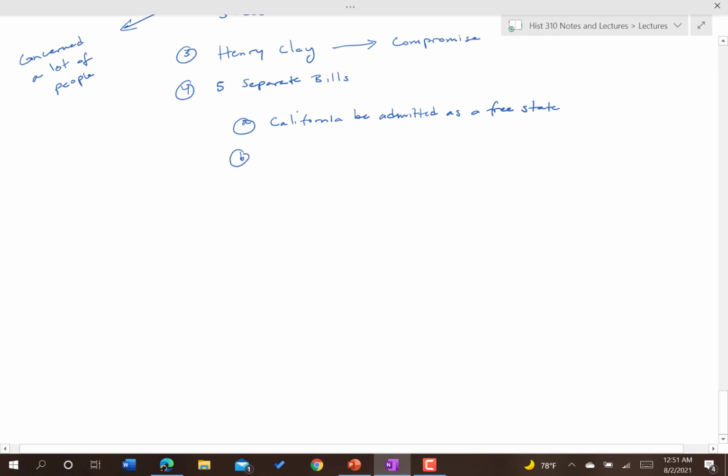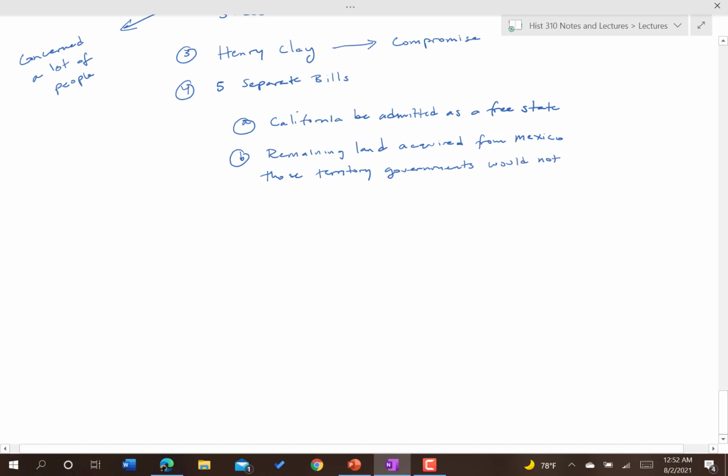And then the next was that any of the remaining land that was acquired from Mexico, those territorial governments would not have restrictions on slavery.